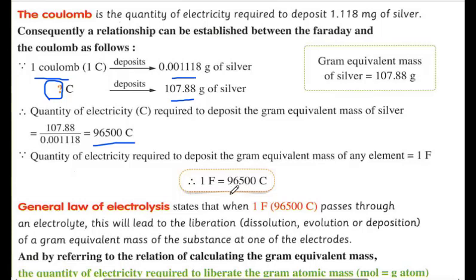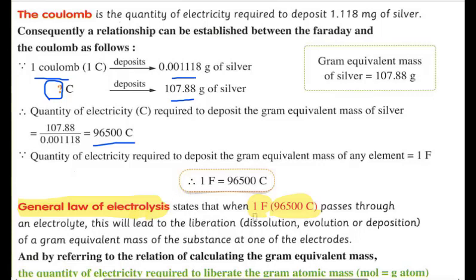The general law of electrolysis states that 1 Faraday, which equals 96,500 Coulomb, if we pass this amount of electricity through an electrolyte, it will precipitate, liberate, dissolve, or deposit 1 equivalent mass of any substance.